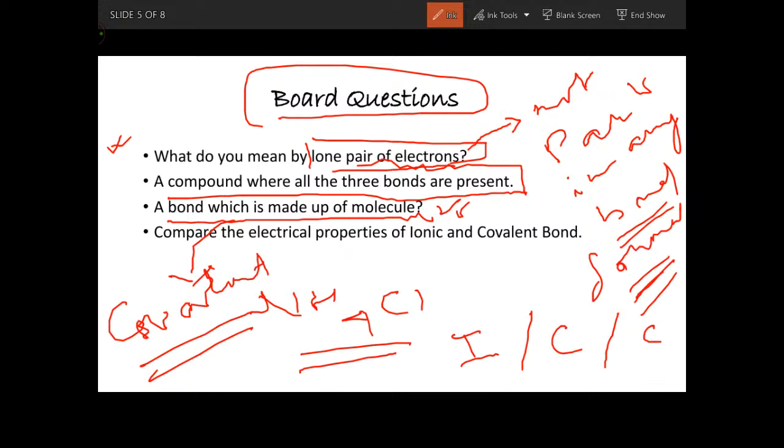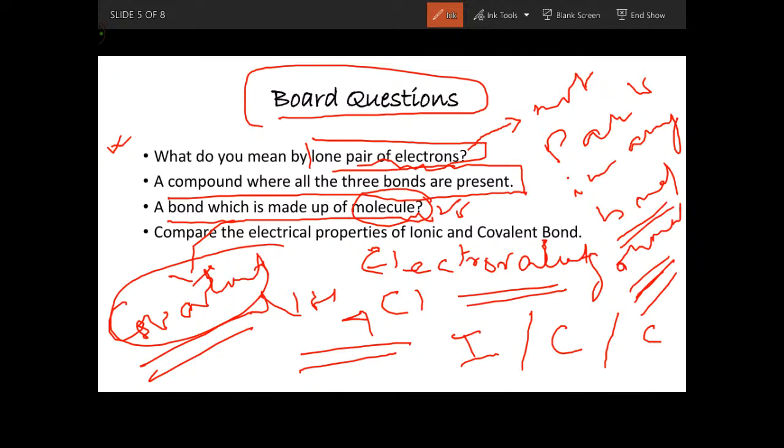And suppose you get a question, a bond which is made up of ions, then what will you write? Electrovalent bond or ionic bond. So molecules means covalent bond, ions means electrovalent bond.